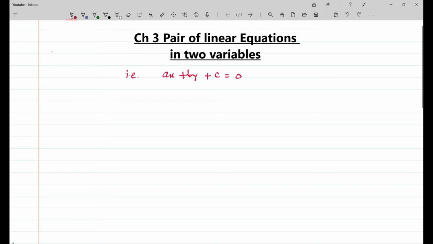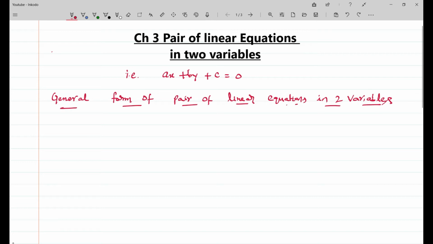Now I am going to write the general form of pair of linear equations in two variables, that is a1x plus b1y plus c1 is equal to 0.